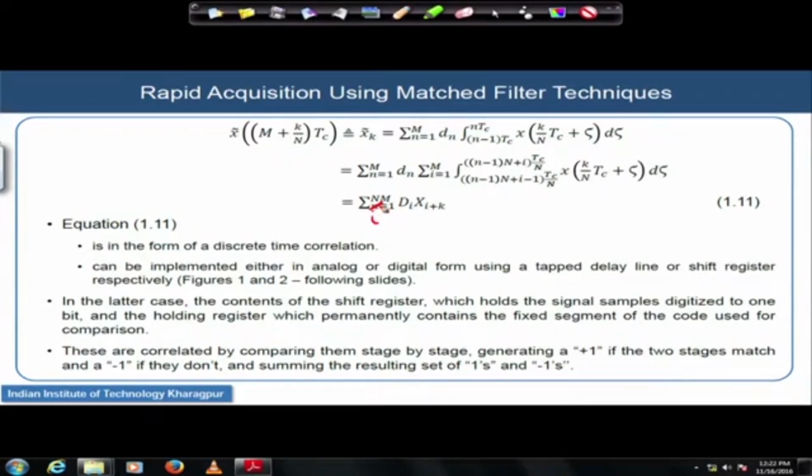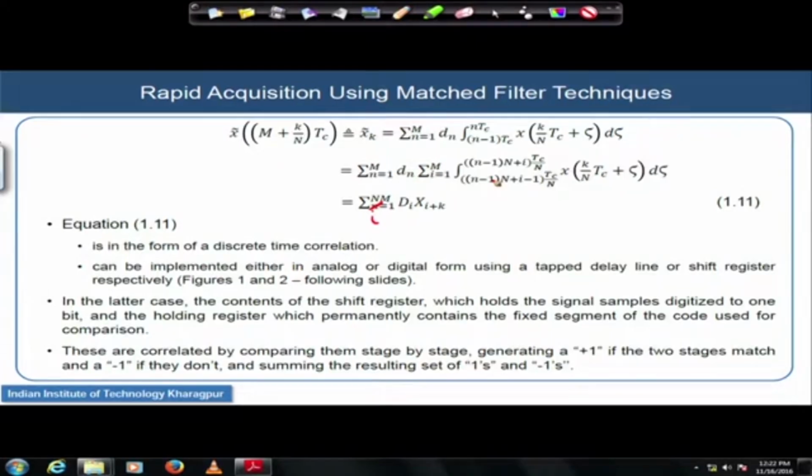It means that, first of all, look at this architecture. This architecture has already brought us down to the subchip level, and this is a discrete time correlation going on. It can be implemented either in the analog domain or in the digital domain, and either through the tap delay line architecture or by the shift register architecture that we will discuss immediately next.